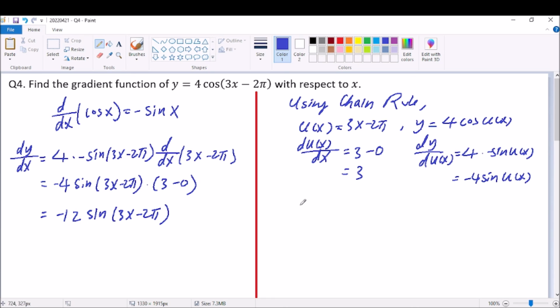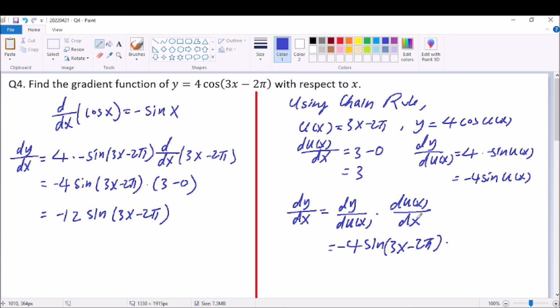And now using chain rule, dy over dx equals dy over du multiplied by du over dx, where dy over du is minus 4 sine u(x), u(x) is 3x minus 2 pi, and du over dx is 3.